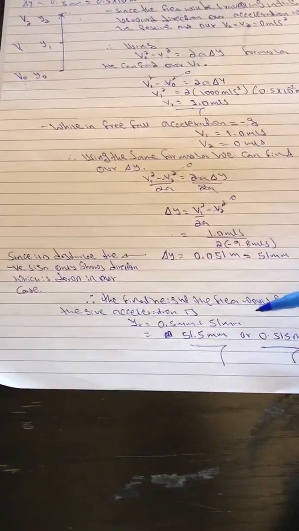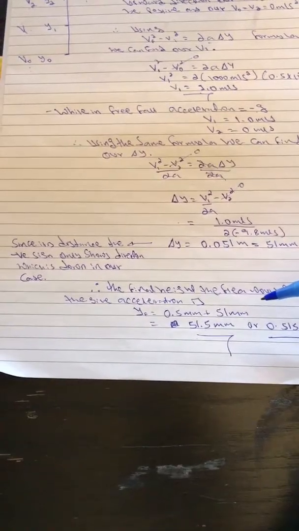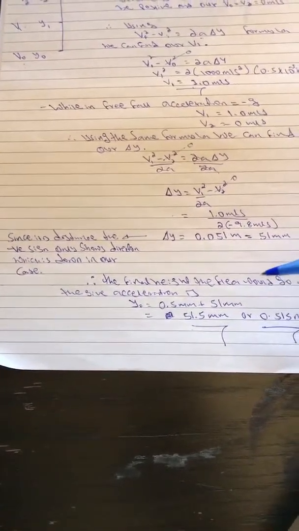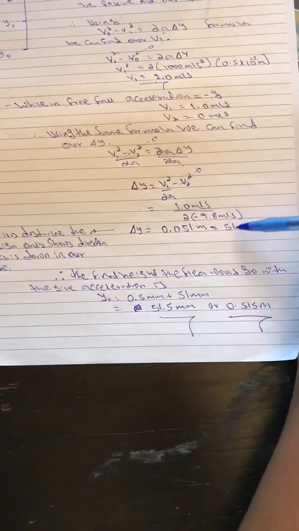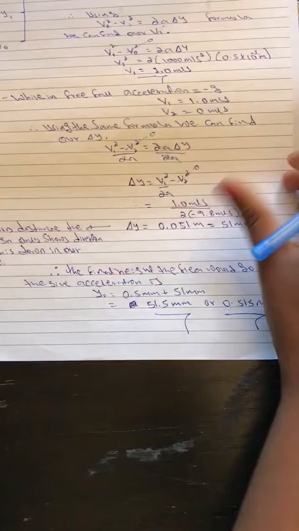Since it is distance, even if it is a negative number, the negative only indicates the direction is downwards. So we don't actually have to write negative 51 millimeters. We know it's going to be downwards because it is in free fall.